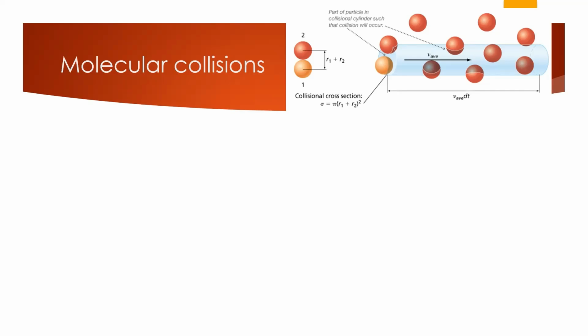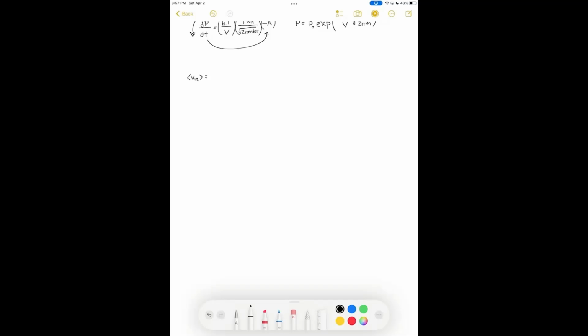With this in mind, we can describe the effective speed using the Pythagorean theorem. The effective speed, which we write here as the average of v12, is equal to the square root of the average speed of v1 squared plus the average speed of v2 squared, the speeds of our particles.